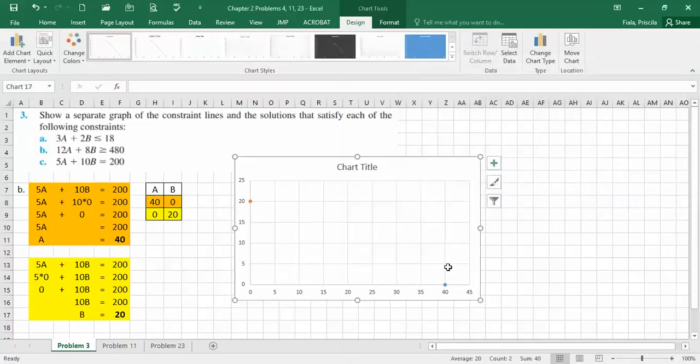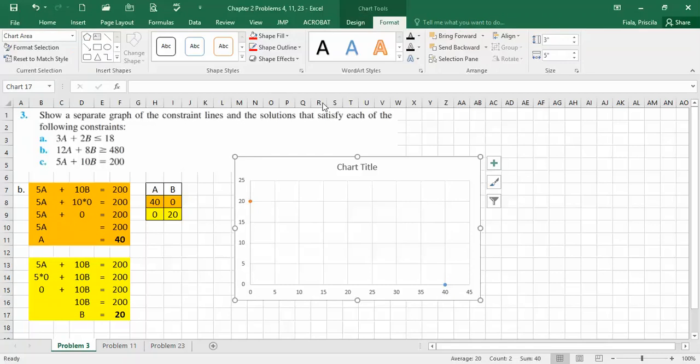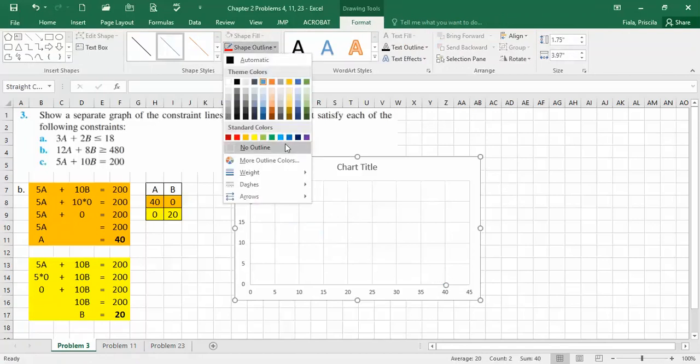So right here, when B is 0, A is 40, and right here, when A is 0, B is 20, and then you have to insert a line to determine feasible solutions right here. And then you are actually done.